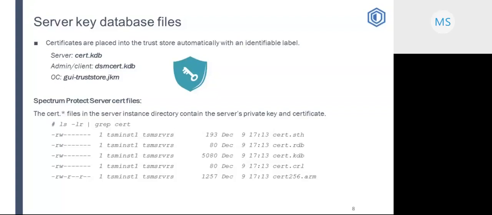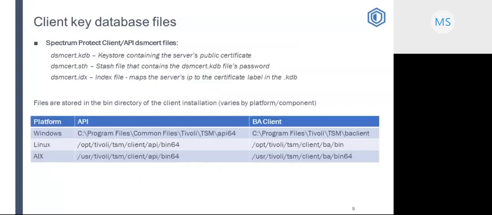Next, moving to the next slide, client key database files, slide 9. This slide talks about the client key database files. DSMCRT files are the Spectrum Protect client files which are stored in the following path for Unix and Windows platforms. These files are created during the new installation of the client and are used for SSL communication.